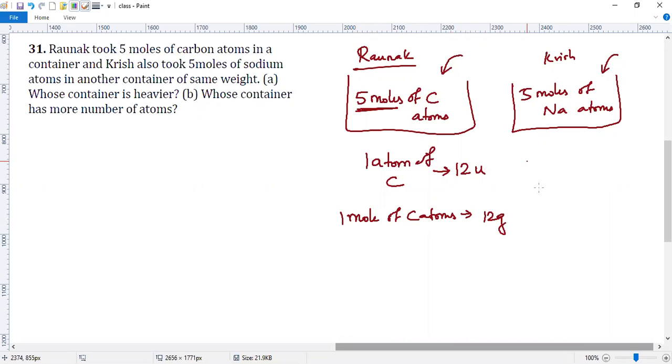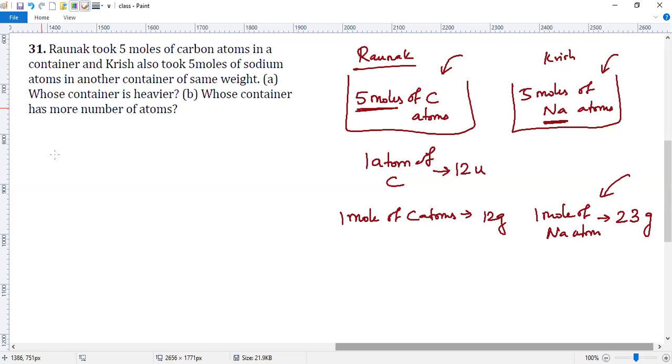And 1 mole of sodium atoms will have a mass of 23 grams. So whose mass is greater? Sodium's mass is greater, so 5 moles of sodium atoms will be heavier.